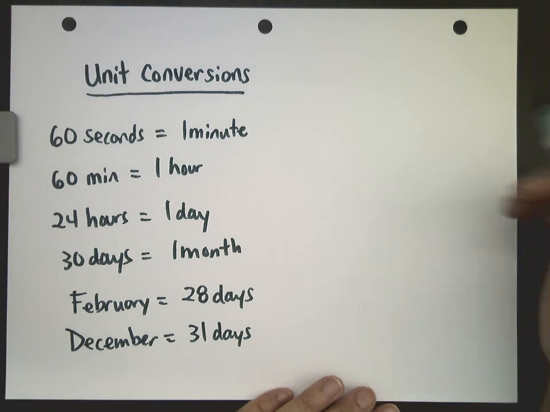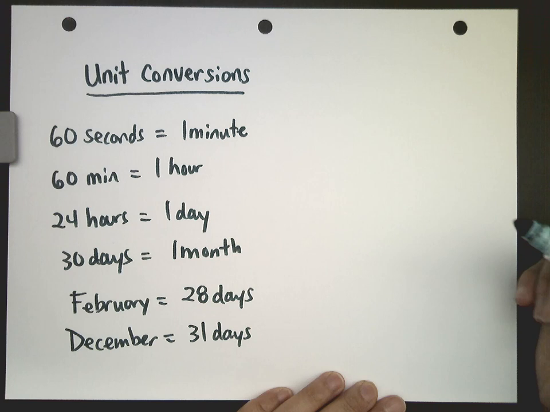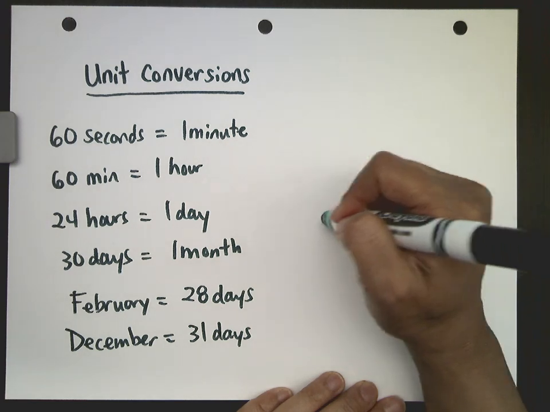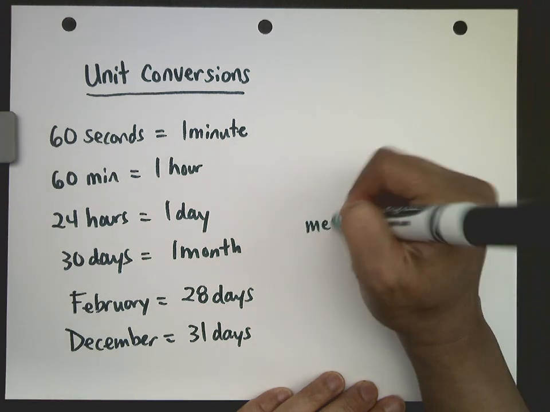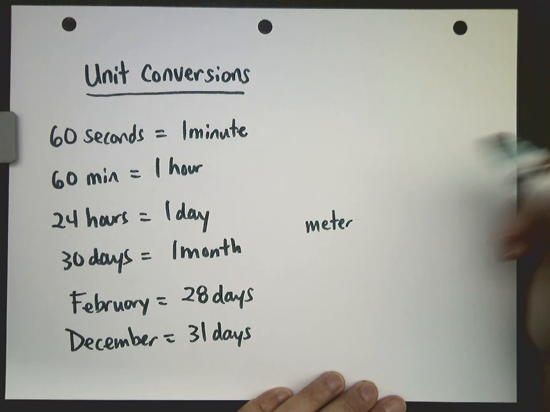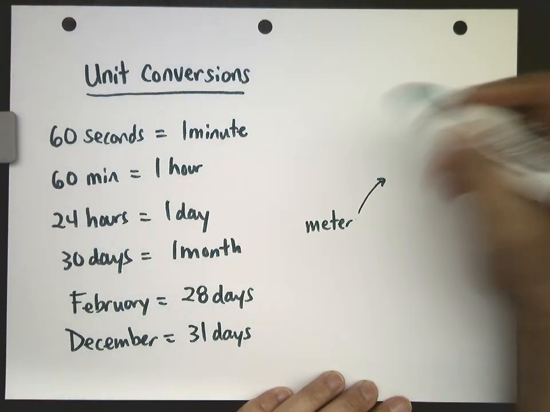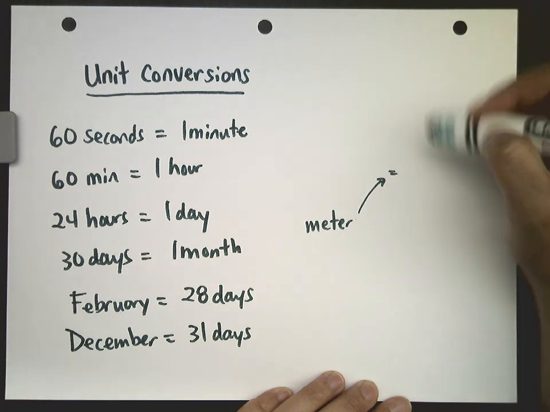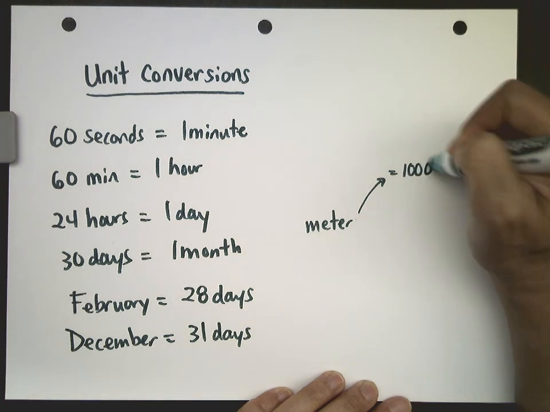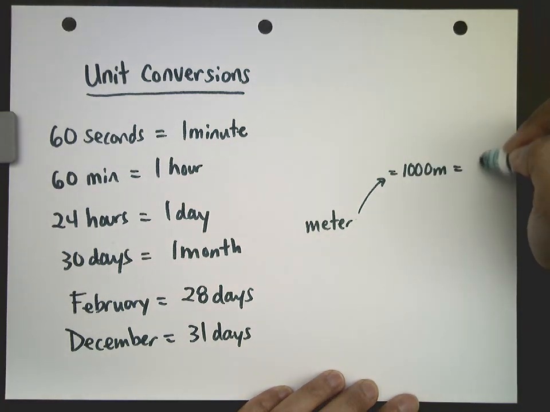For the metric system, that's pretty straightforward. Hopefully, you've been reviewing that for years and years, but basically you have the base unit, which is meters. And let's suppose that you want to convert to kilometers. So that means you need 1,000 meters, and that will be 1 kilometer.